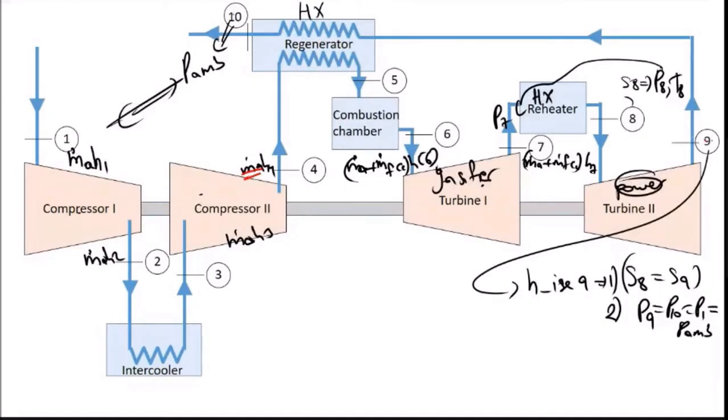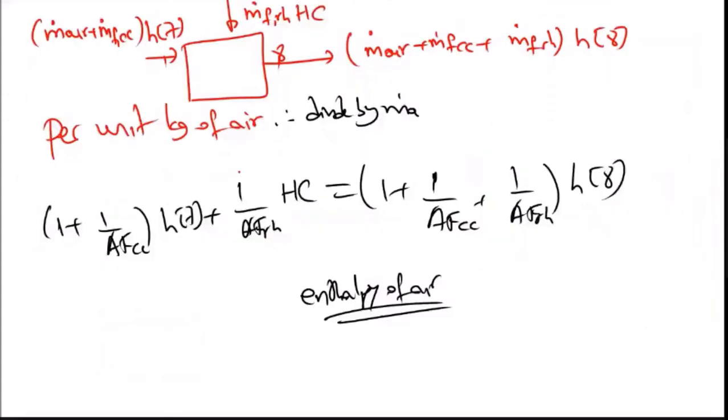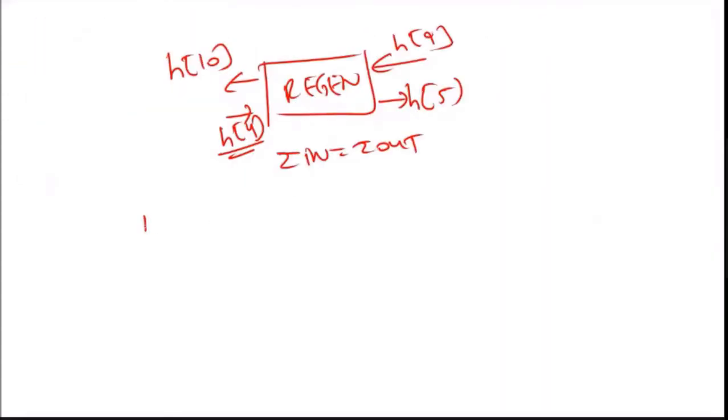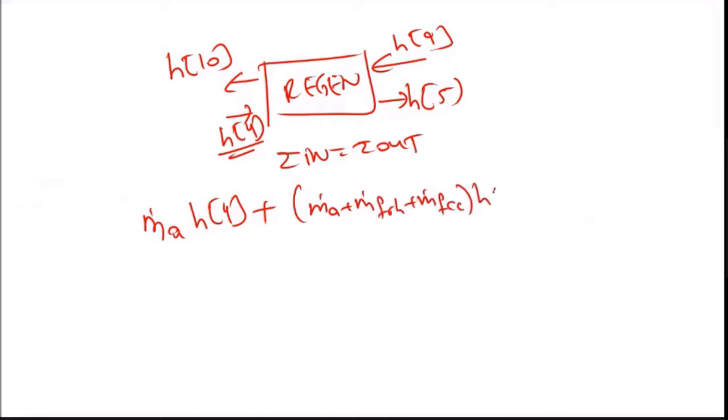But for the next in, 9, we have m dot air, m dot fuel of combustion chamber, m dot fuel of reheating chamber. Out is the same mass flow rates, but now enthalpy 10, and 5 is the same m dot of air. Let's write it. M dot air H4, that is in, plus the next in, m dot air plus m dot fuel reheater plus m dot fuel combustion chamber, into H9, will be equal to out.